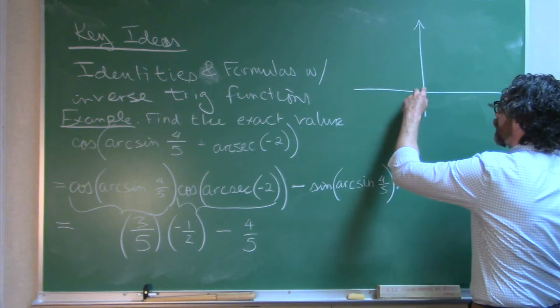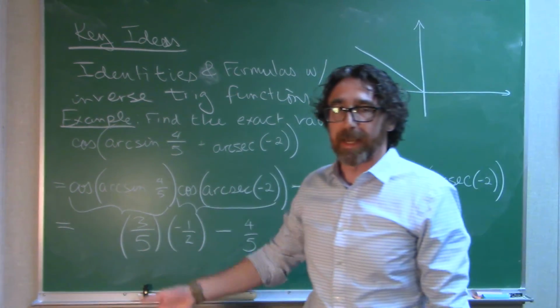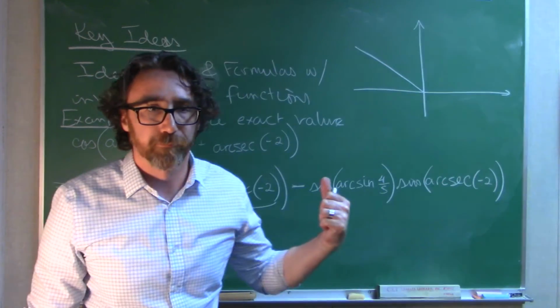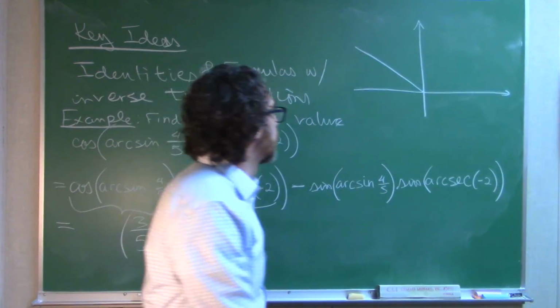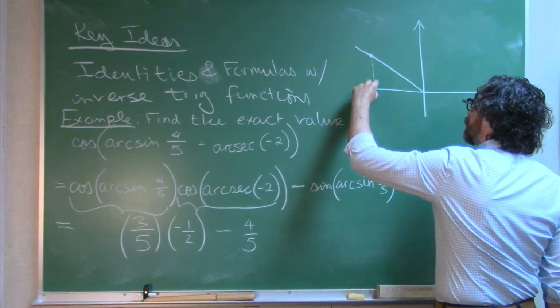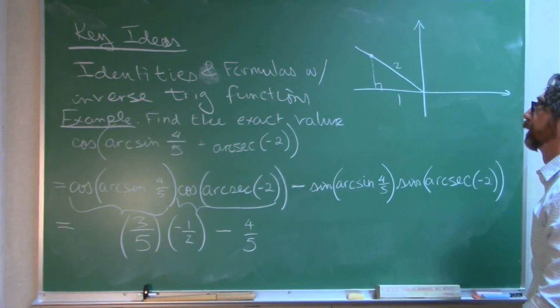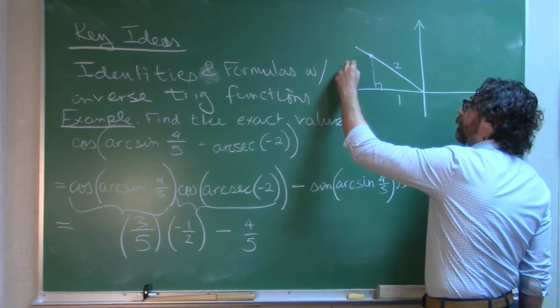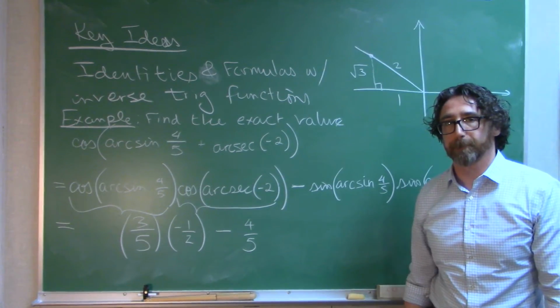Okay, so that must be putting me in my second quadrant. The only reason I'm going to the angle in standard position version is to deal with this negative. So this hypotenuse must be a 2, this must be a 1. Use the Pythagorean theorem to figure out that's a radical 3.